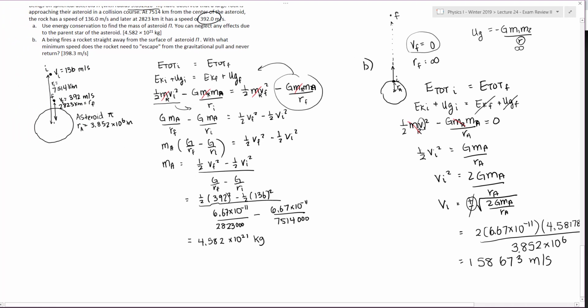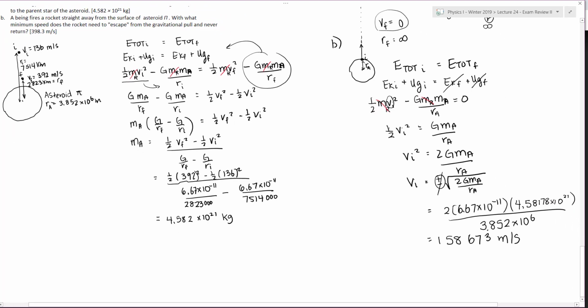Oh, and I forgot to square root it, so I'm going to square root all of that. And I get 398.3 meters per second. Okay, remember I wanted everything to have 4 significant digits, so I'm all good here. All right, thanks for watching.